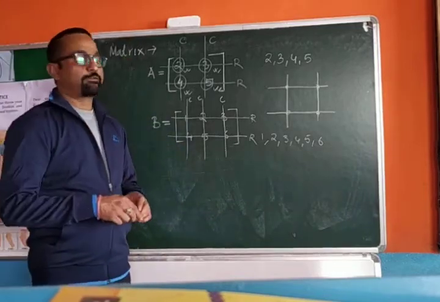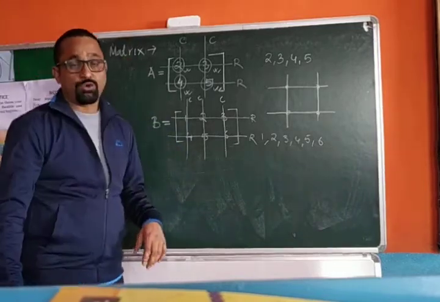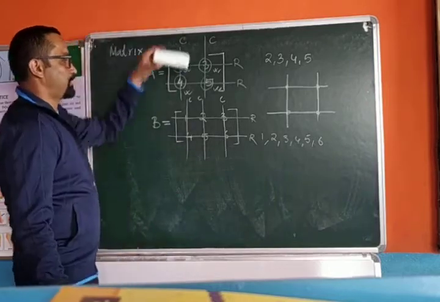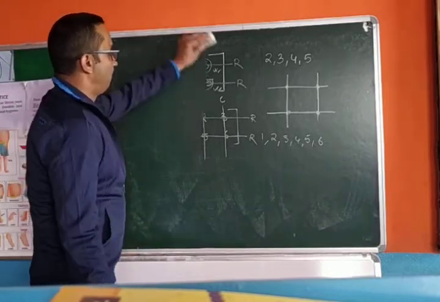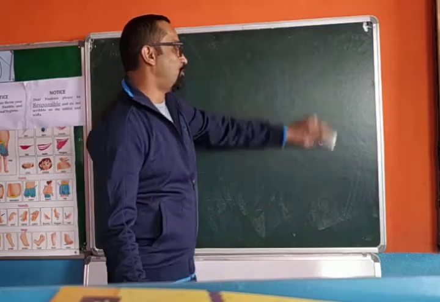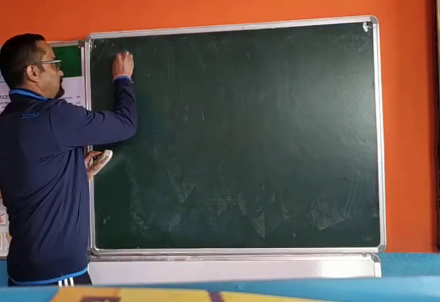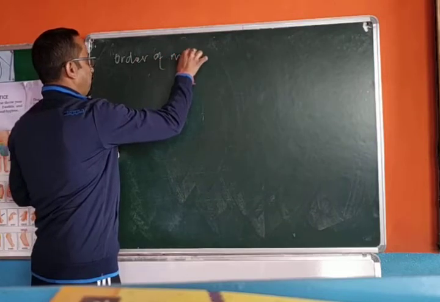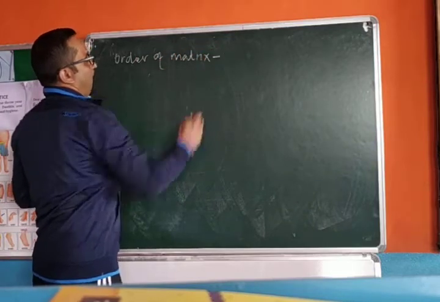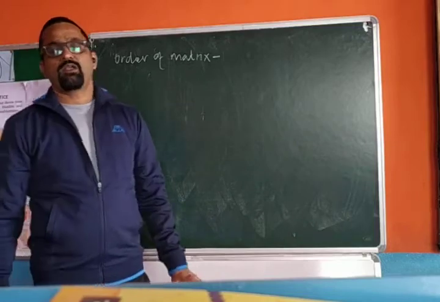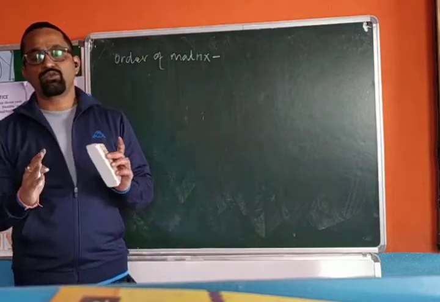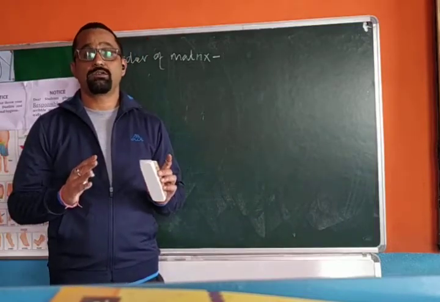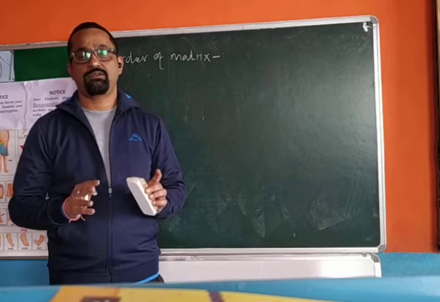Second important thing is called the order of a matrix. The order of a matrix is calculated with the help of rows by columns.